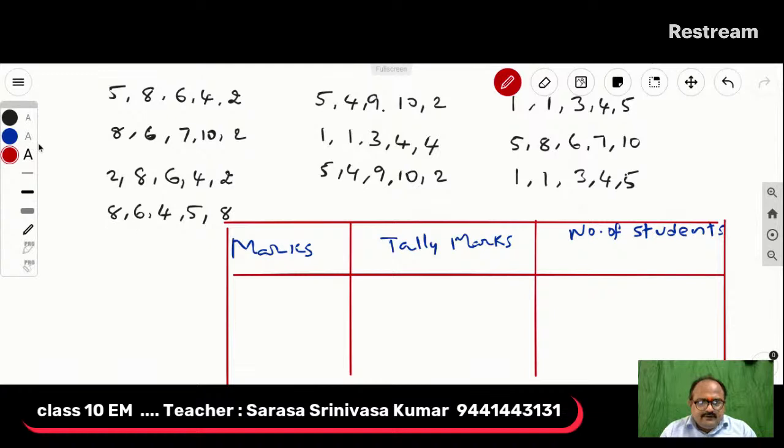Now, let us note the marks. First, 1 mark. How many students have got 1 mark? Let us observe this. Here, one student.